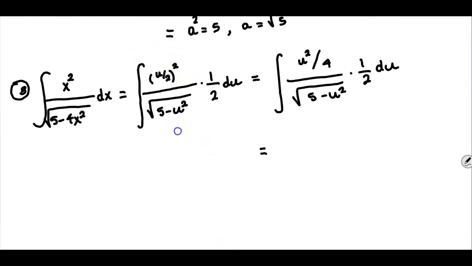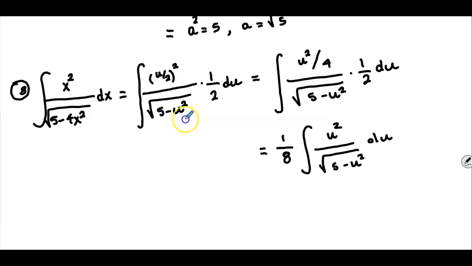And then ultimately what that's going to do is that you have 1/8 times the integral of u squared over the square root of 5 minus u squared du.